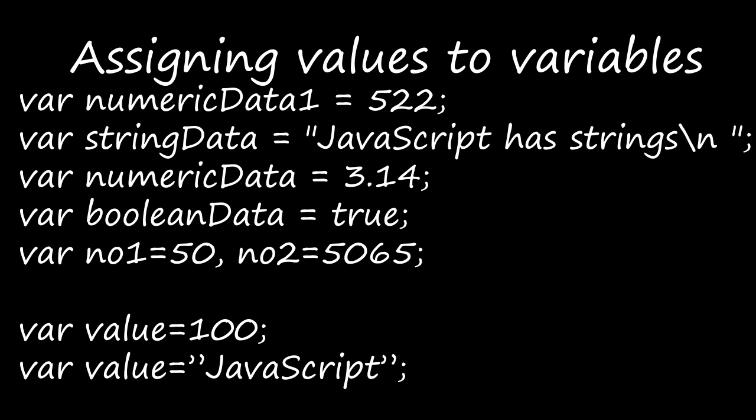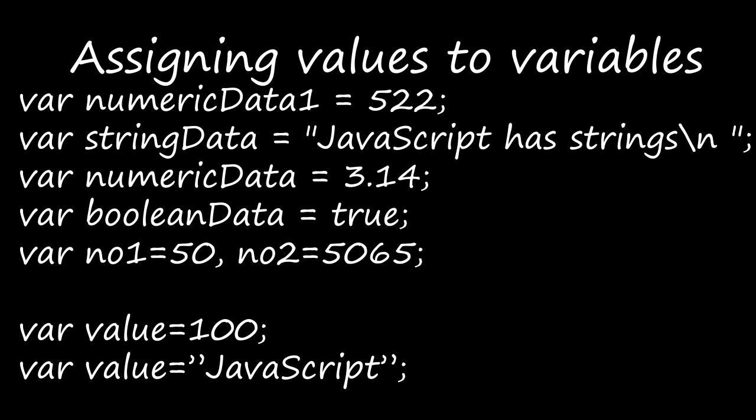That means initially you can assign a value of any data type to a variable, and later you can assign a value of a different data type to the same variable. For example, var value = 100, and in that same variable you can give another value, var value = JavaScript. So you have assigned another value to the particular variable. Here we have seen three types of variable declaration.